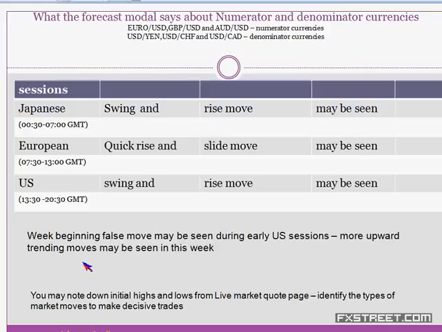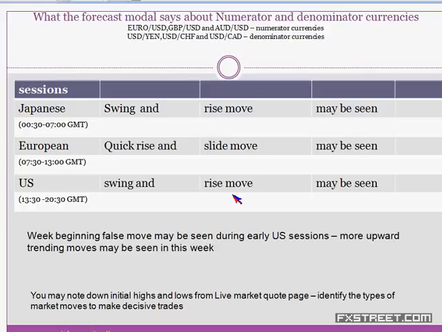So let me explain to you what the expected market moves are for the rest of the days in this particular week. Today is Monday. I explained the swing and rise during the Japanese session, a quick rise during the early European session, the slide during the late European session, and swing and rise moves expected during the US session.